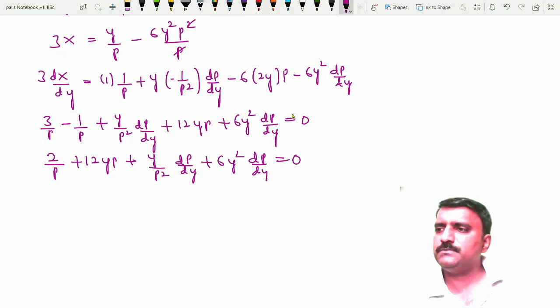Okay, take a suitable one as a common factor. You take 1 by 2p. Okay, you write this as it is, no problem, by 2p. Okay, 1 minute.